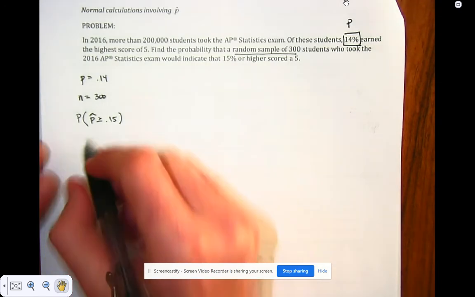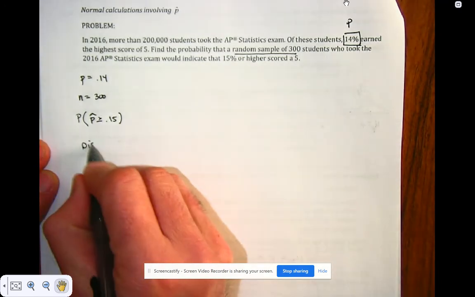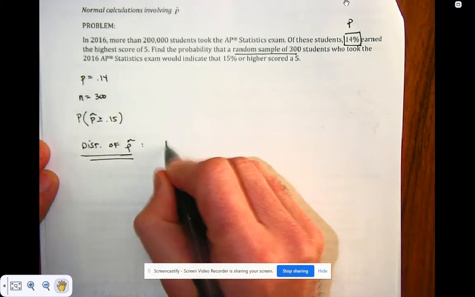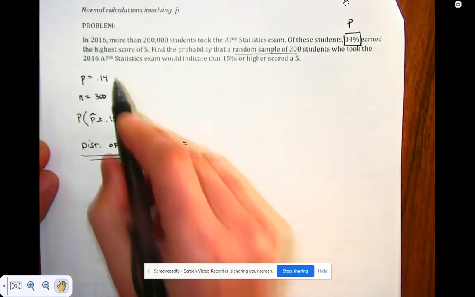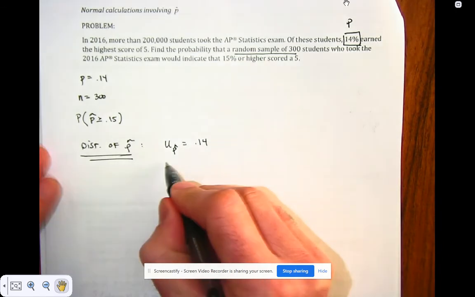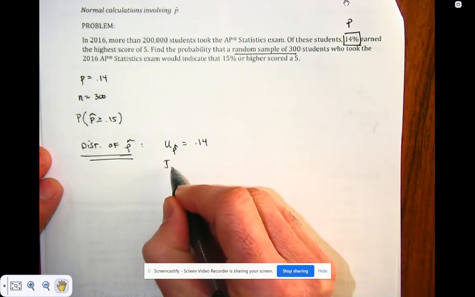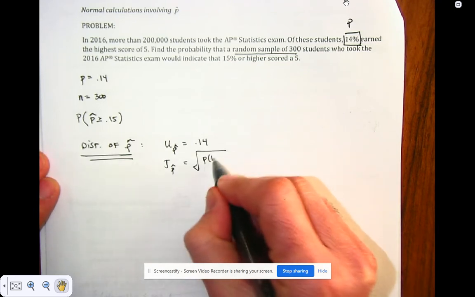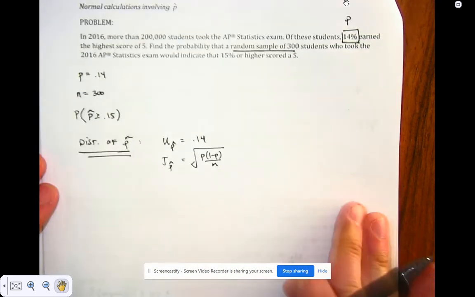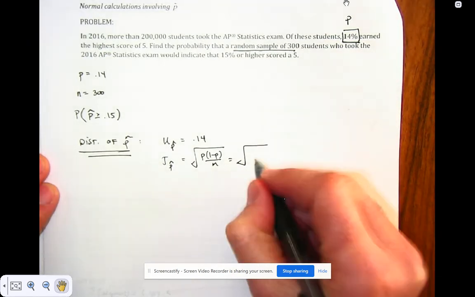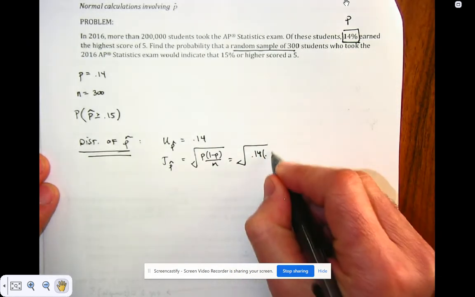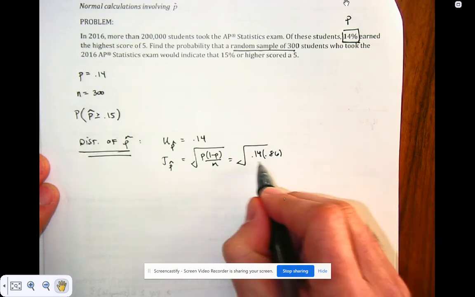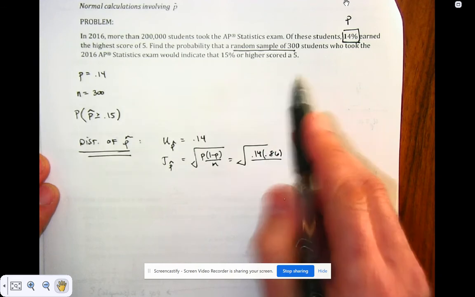Okay. So for the distribution of p hat, we know that the mean of p hat is just equal to p. We know that the standard deviation of p hat is equal to the square root of p times 1 minus p over n, which is the square root of 0.14 times 0.86 over n, which was 300.